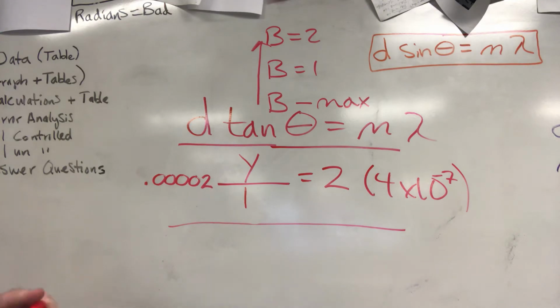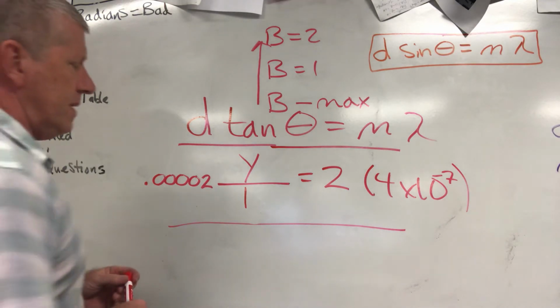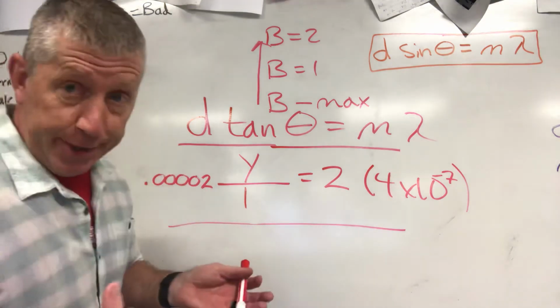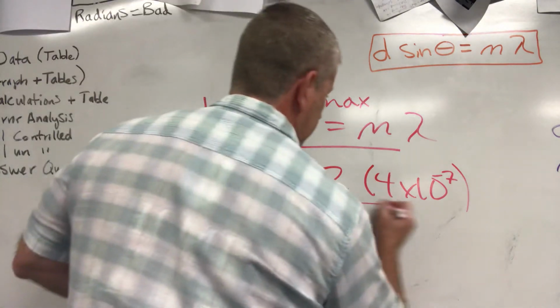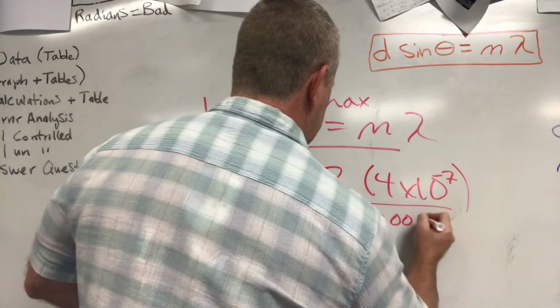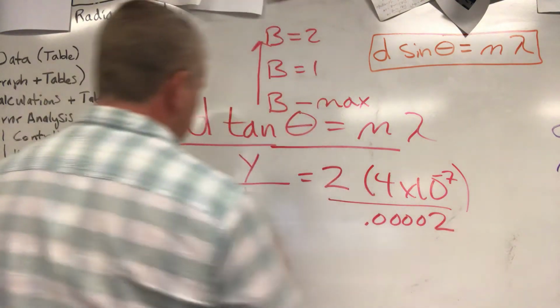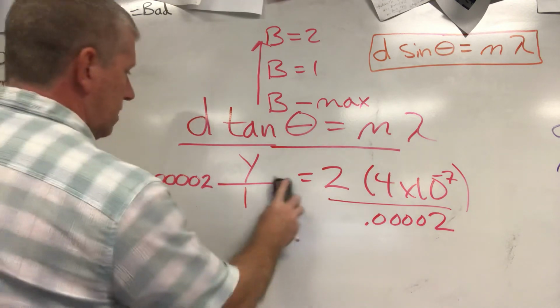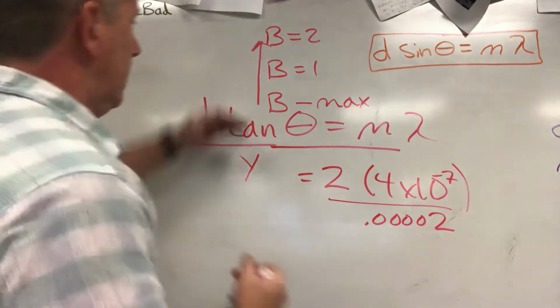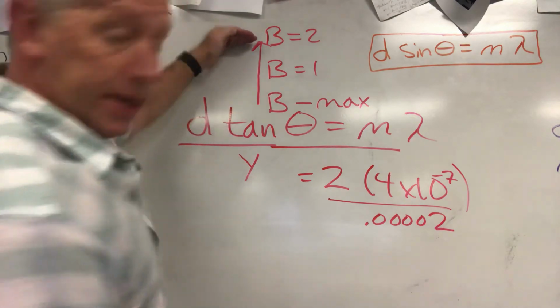You can solve for y, multiply by 1, didn't do anything, divide this by 0.00002, and you will have the distance between the maximum and the second bright spot.